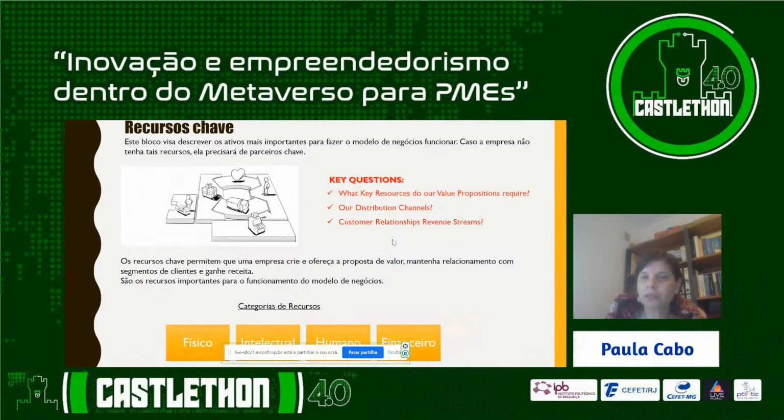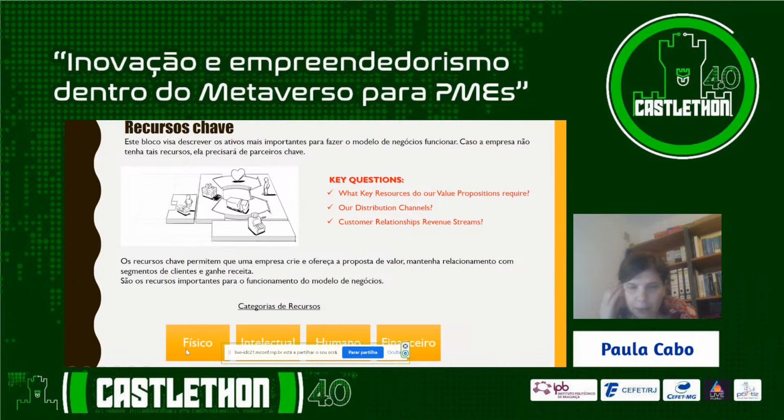Then on the other view, the internal view, we have the key resources. The key resources are the ones that are crucial to deliver the value proposition to our customers. These key resources can be physical assets, for example buildings, machinery, cars, and desks.